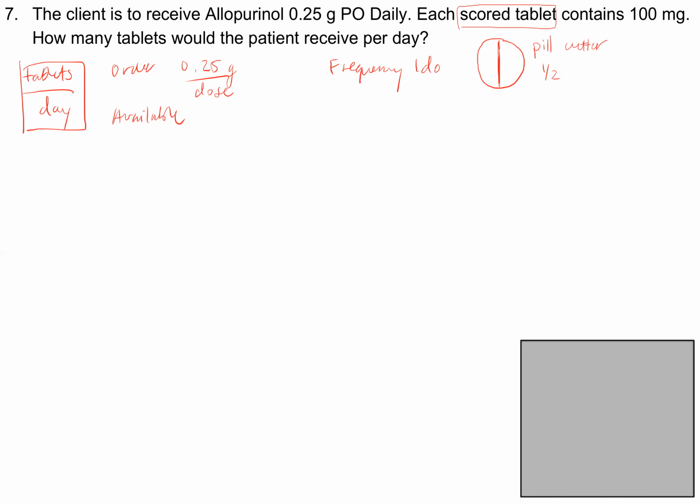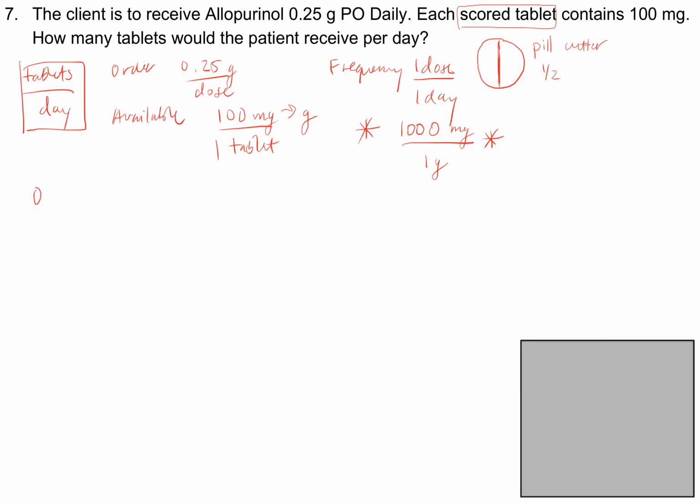You have 1 dose per day, and the availability of the med is 100 milligrams per 1 tablet. And you see that our units, we have tablets, dose, gram, and milligrams, which means we want to go ahead and convert milligrams to grams. And the conversion that we're going to go over again is 1,000 milligrams per 1 gram.